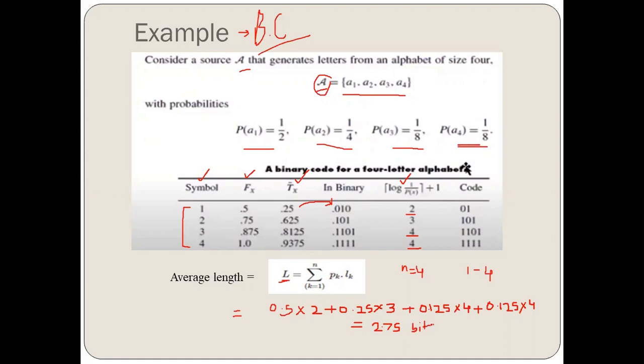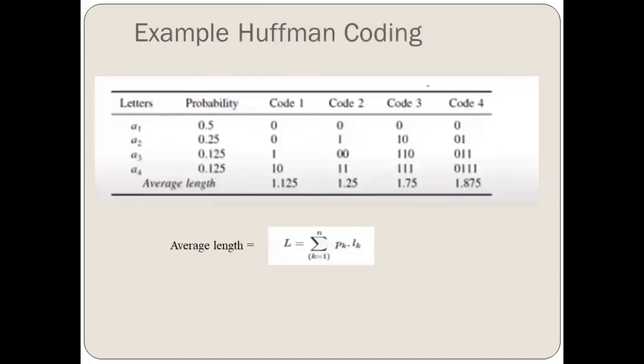This is the average length of the code that we have generated, and this is the unit for average length. So the average length we have calculated for these codes is 2.75. Now let's compare it with the Huffman.